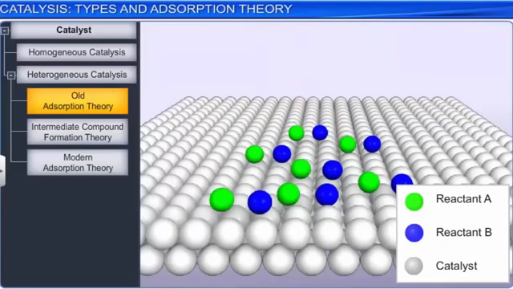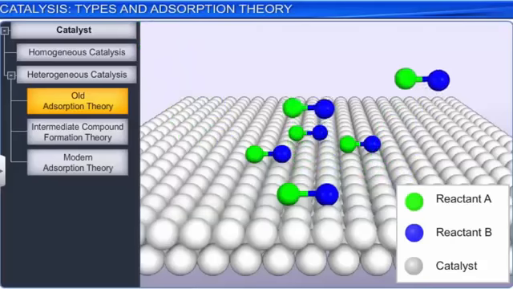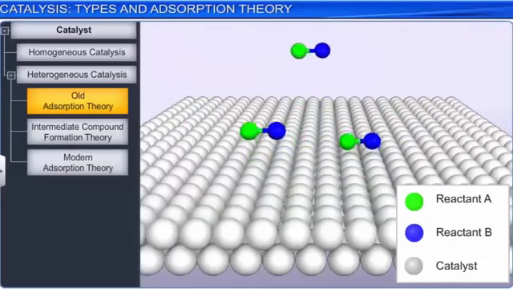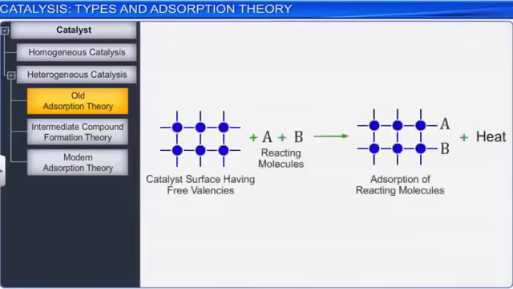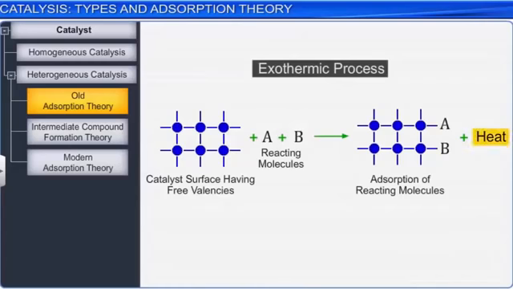As a result, the rate of reaction increases. The relative ease with which the product is separated from the surface of the catalyst helps a continuous chemical process to be initiated. Also, as adsorption is an exothermic process, the heat evolved in the reaction helps to speed it up.